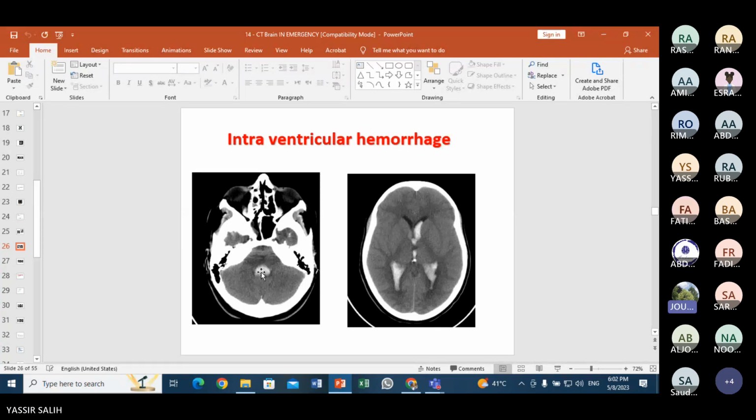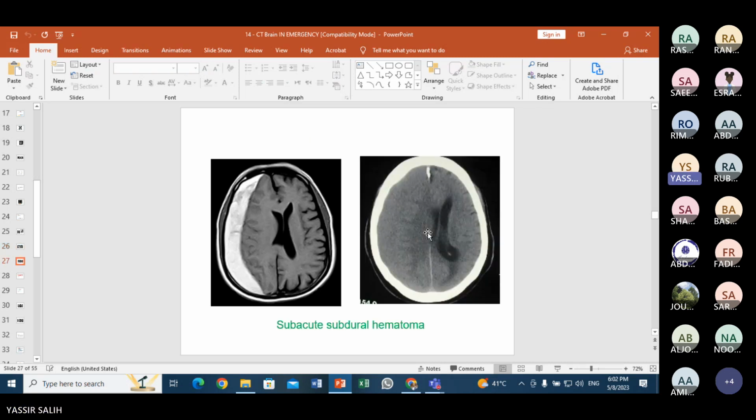Duct of Sylvius, in the fourth ventricle. Is this acute or subacute or chronic blood? Acute, because acute blood is usually hyperdense. This is acute blood.